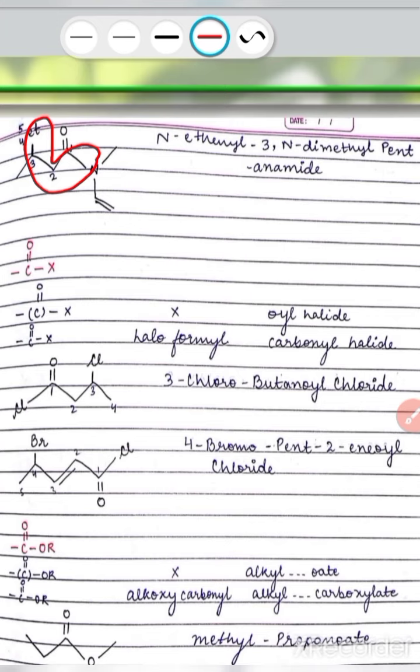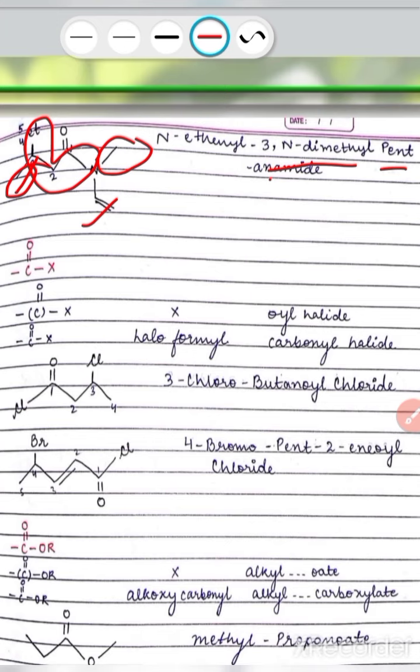Now its naming will be N-ethenyl. We can write it ethenyl or vinyl, but if we write it vinyl, then it will come after the methyl group. So I am taking ethenyl, so N-ethenyl for this. Now at the third position we have one methyl group, and directly attached to N we have one methyl group. So we will write 3, N-dimethyl pent, because the main parent carbon chain is of 5 carbons.